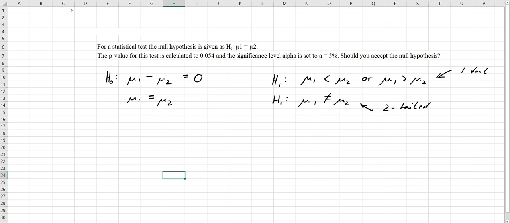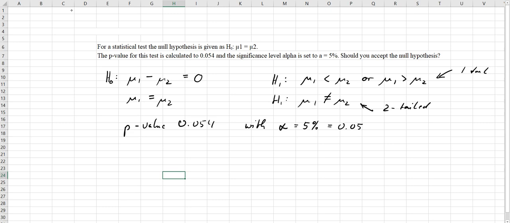Now we've done that, and in this case we got a p-value. The p-value here is 0.054, and we always compare the p-value with our significance level alpha, and here alpha is 5%, which we can also write as 0.05.